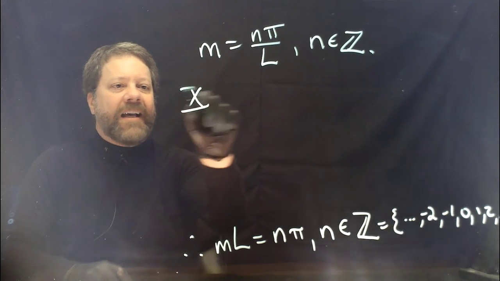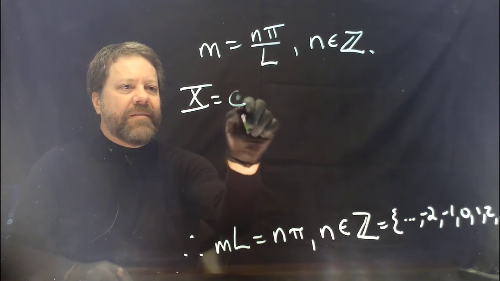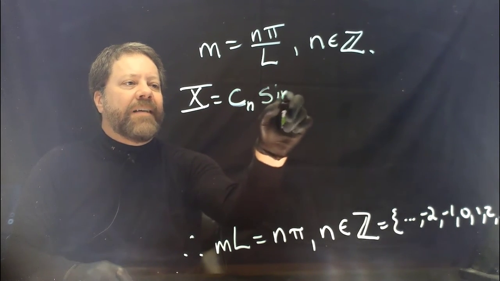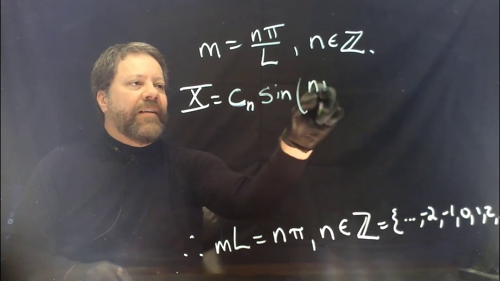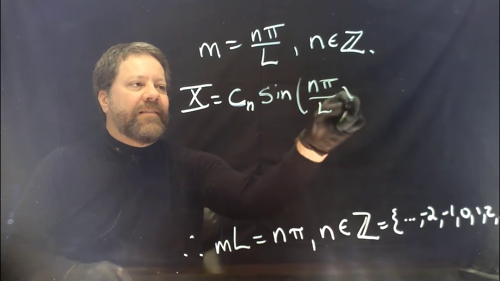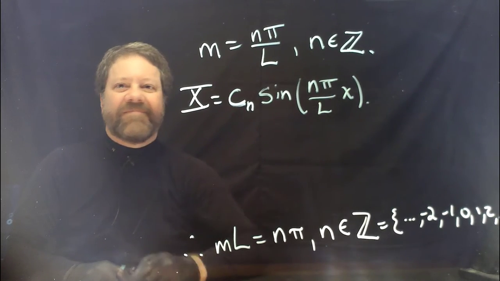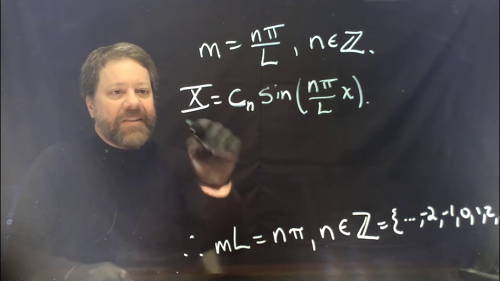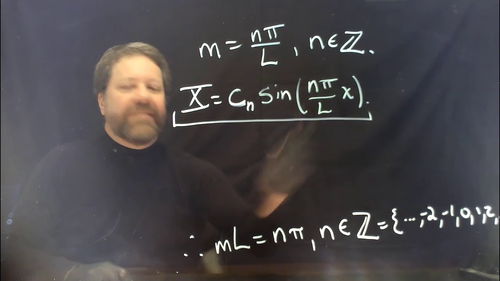That gives us X is some constant, which I'm going to denote as c with a subscript of n, times the sine of n pi over L times x. Aha! This then allows us to have half of our solution.